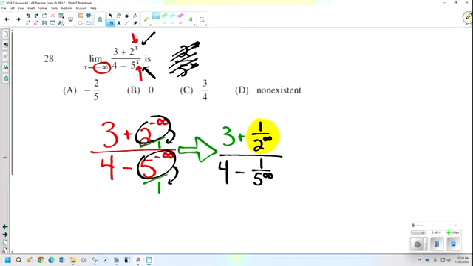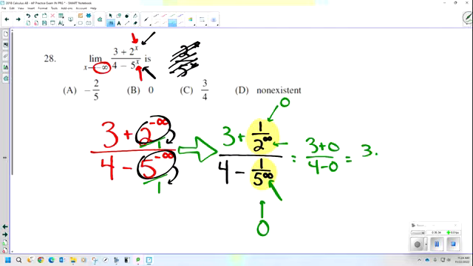Because for both of those fractions, the bottom grows faster and faster than the top, which means this is going to approach 0. And the bottom here is going to go faster than the top, which means this fraction altogether is going to approach 0. 3 plus 0 over 4 minus 0 is just 3/4.